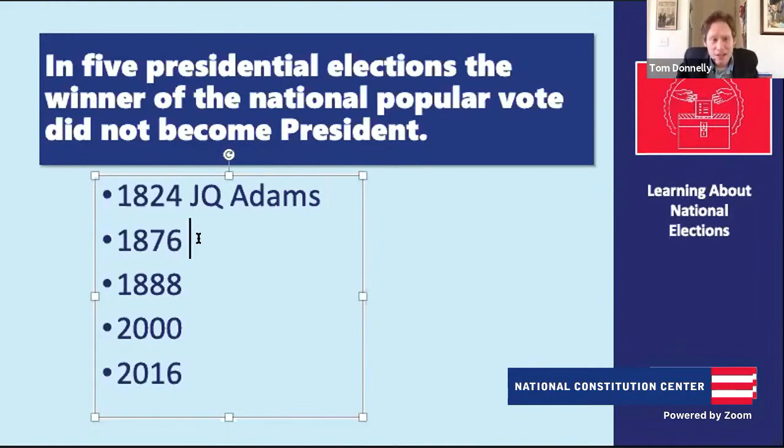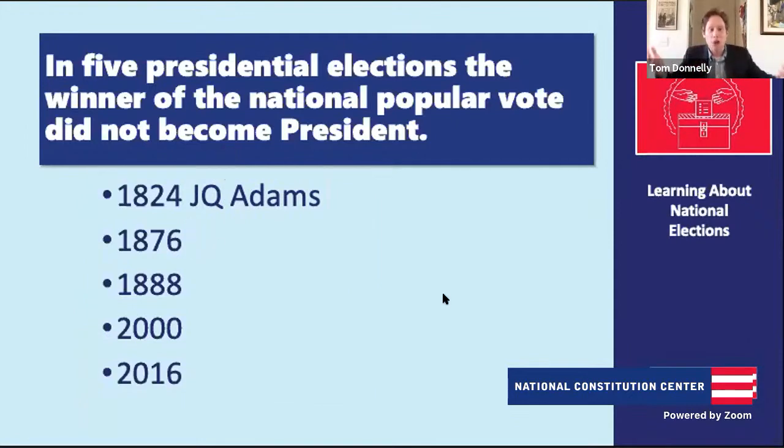In 1876 is Rutherford B. Hayes versus Tilden. Tilden wins the popular vote, but ultimately Rutherford B. Hayes wins in the Electoral College. It's a really contested election, and there are a bunch of compromises, but it eventually leads to Rutherford B. Hayes winning in the Electoral College.